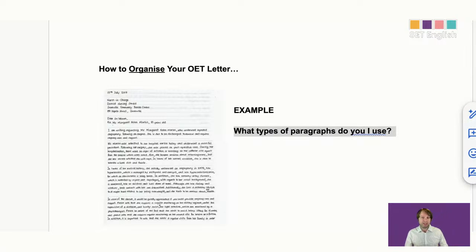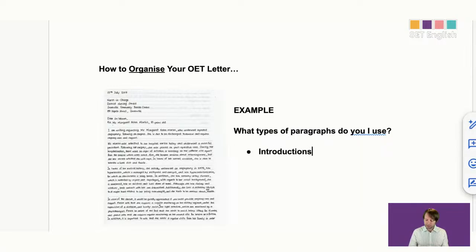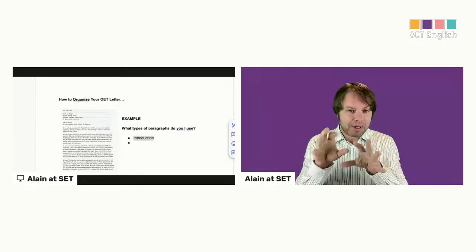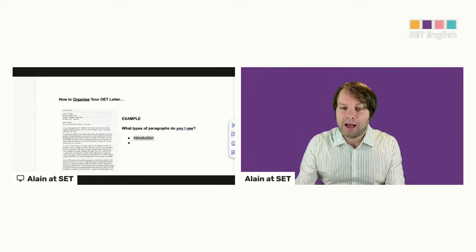Obviously, we have, for example, introduction paragraphs. I'm sure we all agree introduction paragraph is a type. What other types do we have in OET? If you can just type in the chat, I will be responding to what you say. Please feel free to type in the chat.